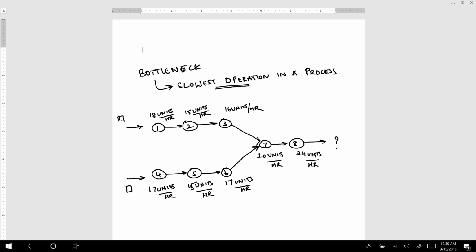So what would be the capacity of the entire process?